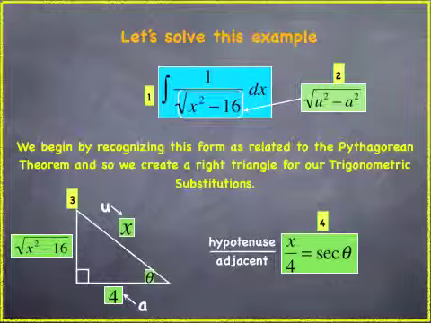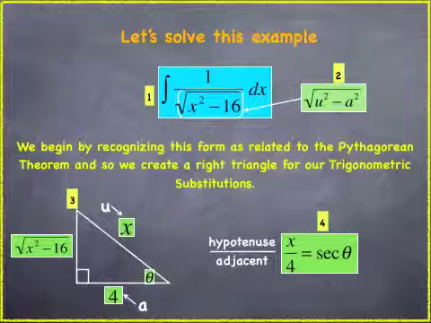In this form, you want to use the radical as the opposite side to theta. So that's where we've placed it. And then we place the u, which is x, as the hypotenuse, and the a, which is 4, as the adjacent side. If you do that, then things work very nicely for you.